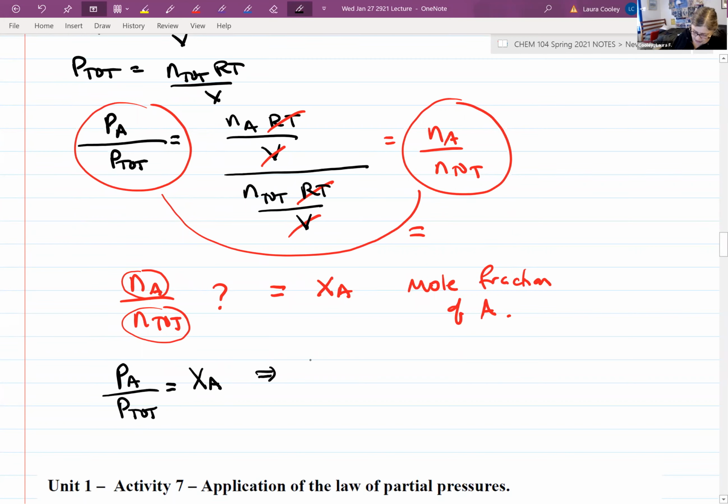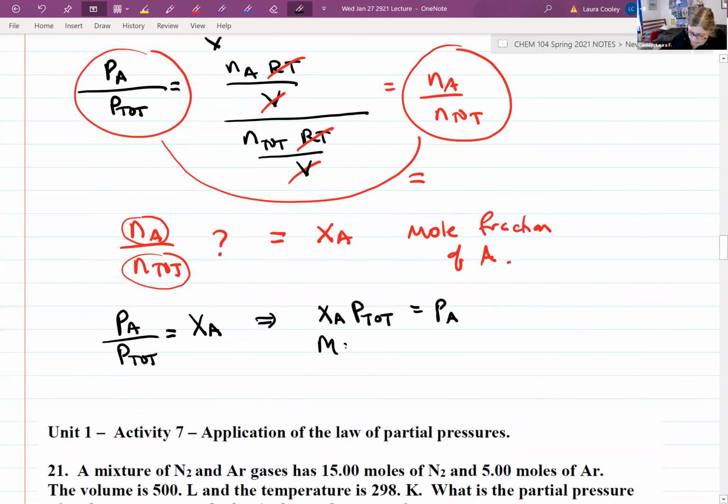And that also means that if I take my mole fraction and multiply by the total pressure, I get the partial pressure. And I'm not telling you this to torture you or anything. This actually makes some problems easier. And I'm going to show you one right now.